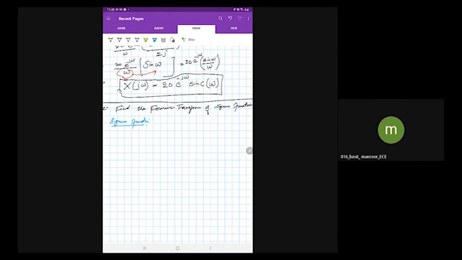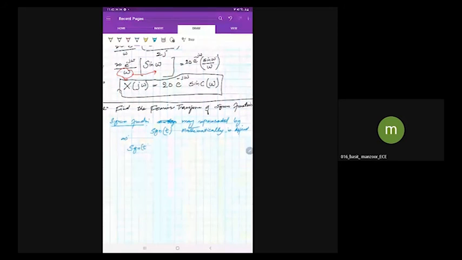Now see, a signum function may be represented by this representation SGN of t. It means signum function with a variable of t. Okay, mathematically a signum function is defined as follows.